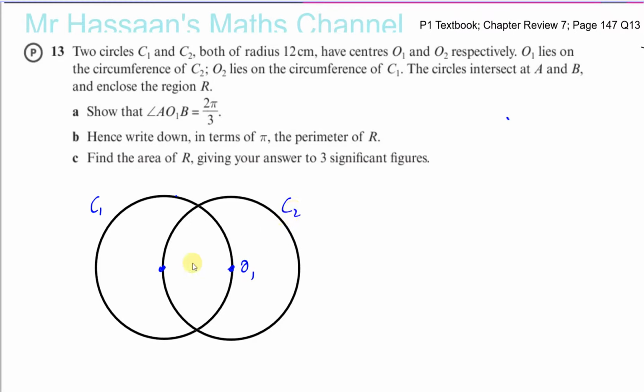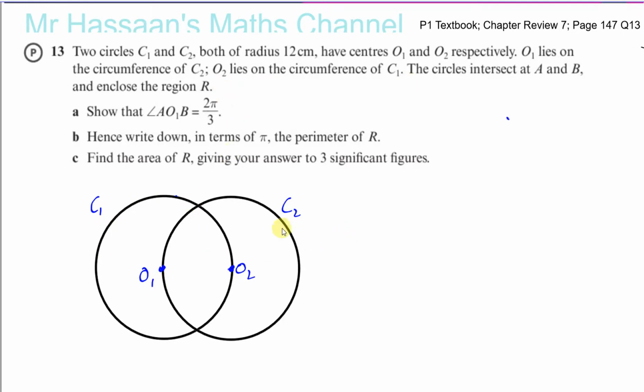This is the circle C2, and this is the center of C2. So the center of C1 lies on the circumference of C2, and the center of C2 lies on the circumference of C1. Okay, that's what that's showing.